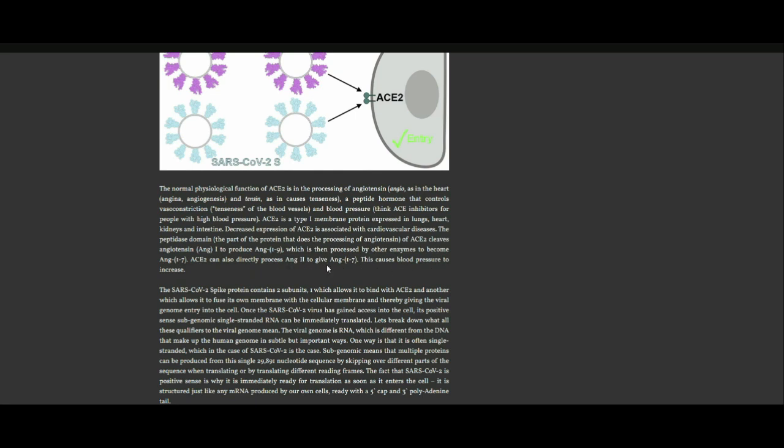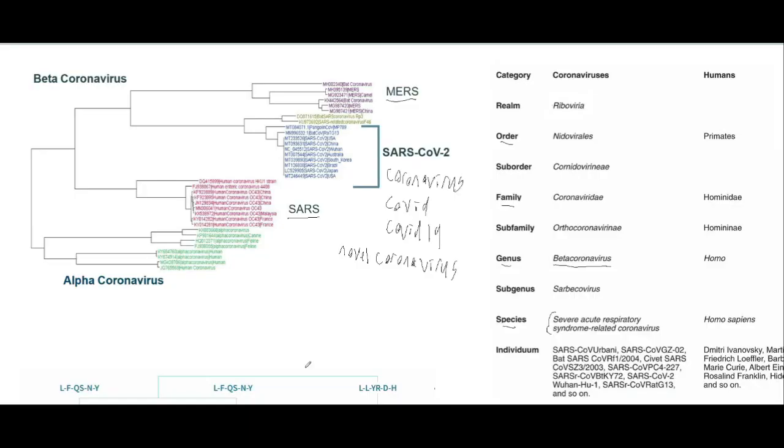This causes blood pressure to increase. So the takeaway is that ACE2 is in charge of this vasoconstriction process here. And like I said, you may have heard of ACE inhibitors, and so that's what the ACE2 is. I just wanted to point that out, why we got this.